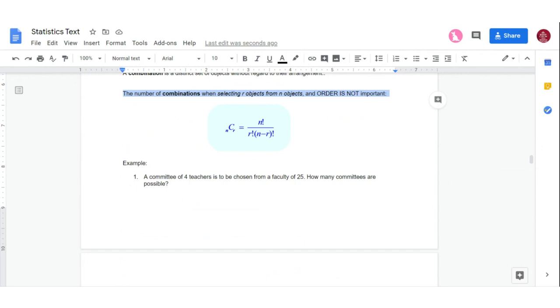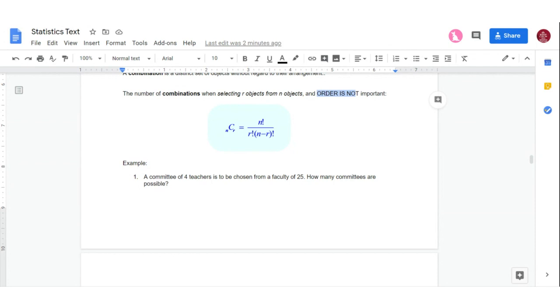All right, but the combination formula is pretty much the same thing, the combination of selecting R objects from N objects when order is not important. It just uses the C to show that it does something slightly different. It has both of the same things that the permutations have. The only difference is an extra R factorial in the denominator.